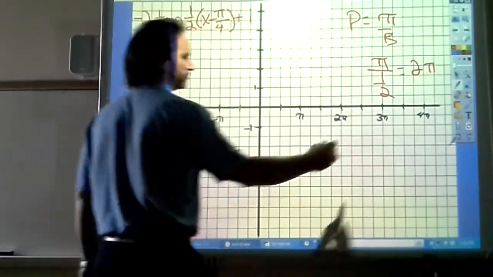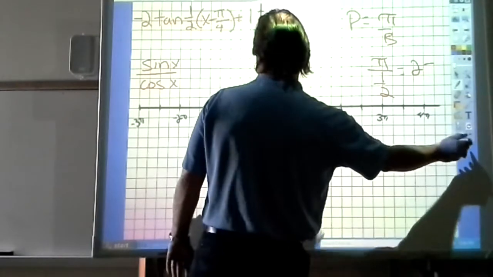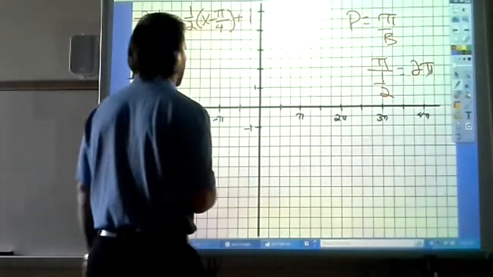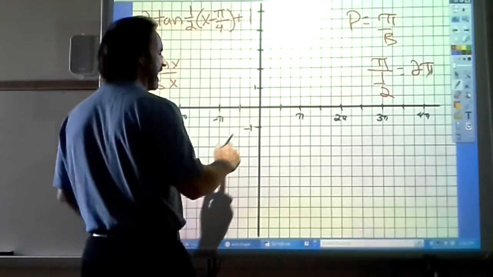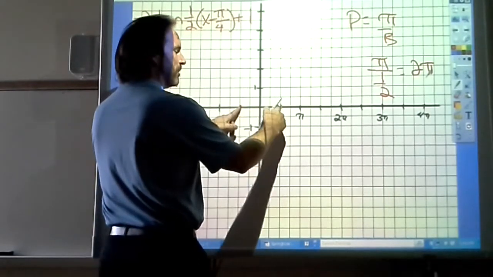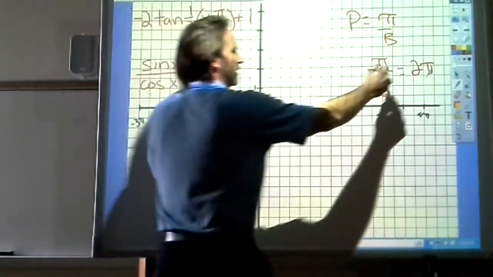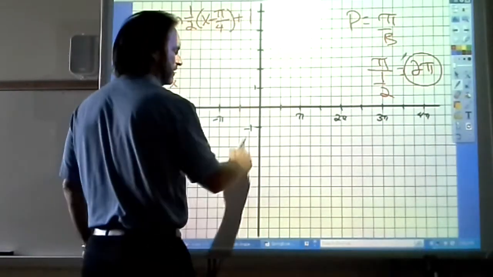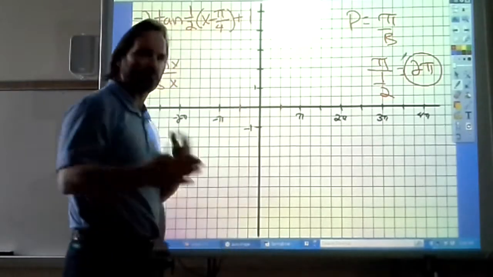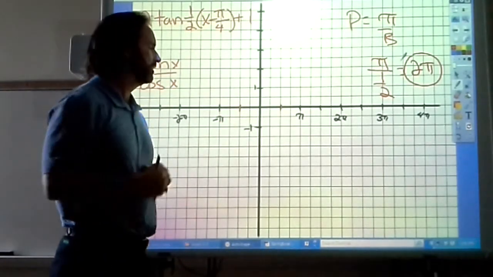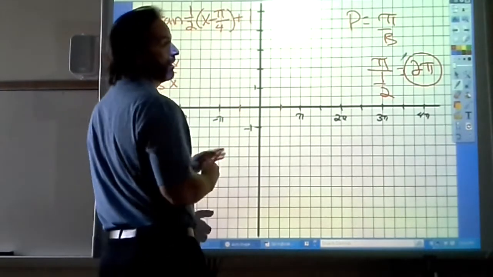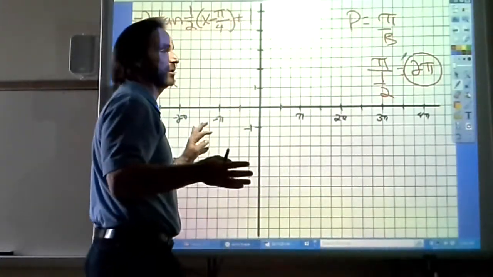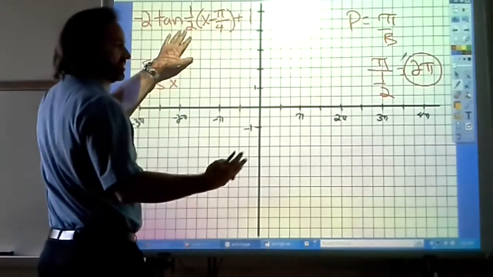So now, instead of it being pi, those asymptotes, that whole graph from asymptote to asymptote, is the period of my tangent graph. Its period is pi over b for tangent or cotangent. Pi over 1/2 is 2 pi.